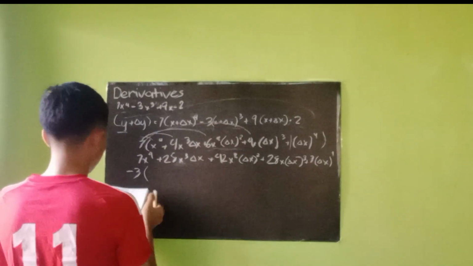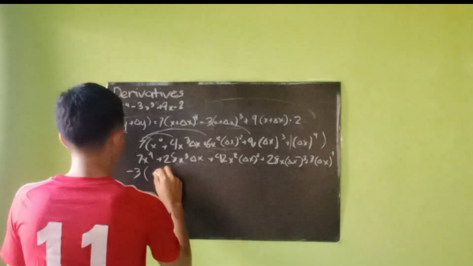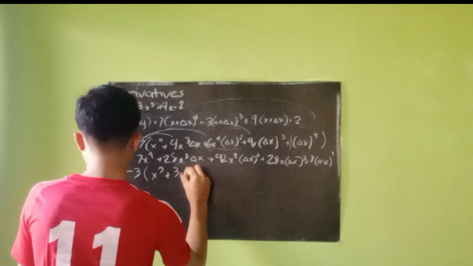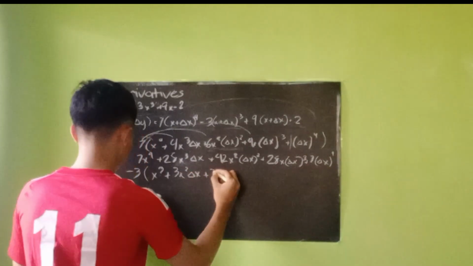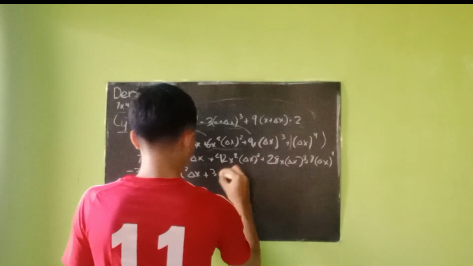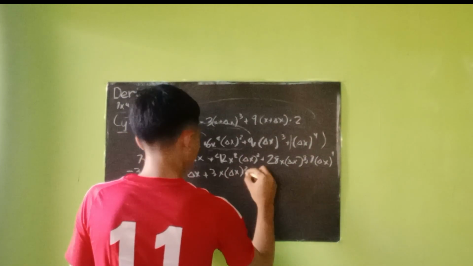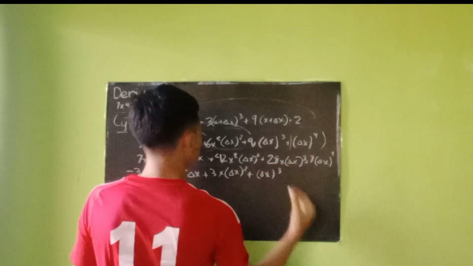Your result should be x cubed plus 3x squared delta x plus 3x delta x squared plus delta x cubed.